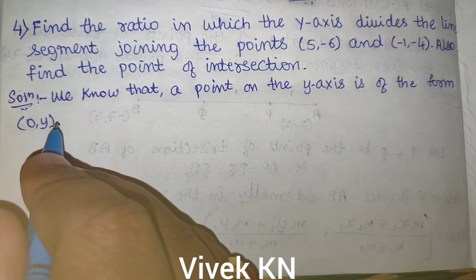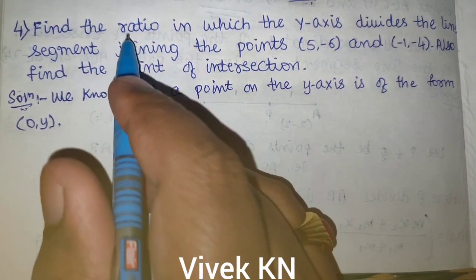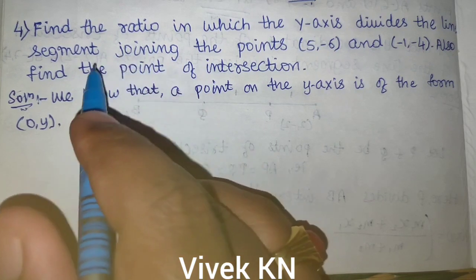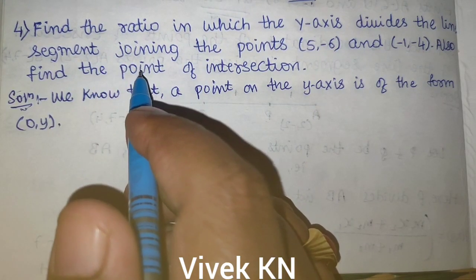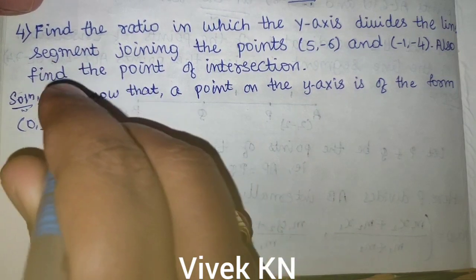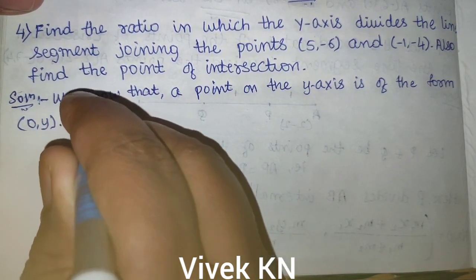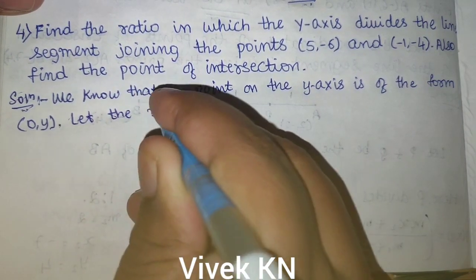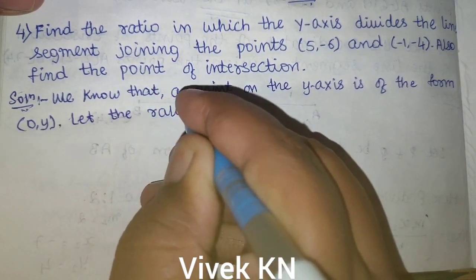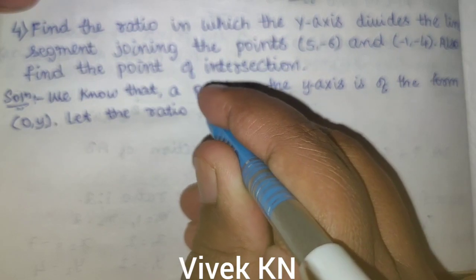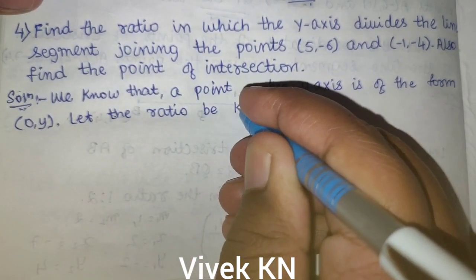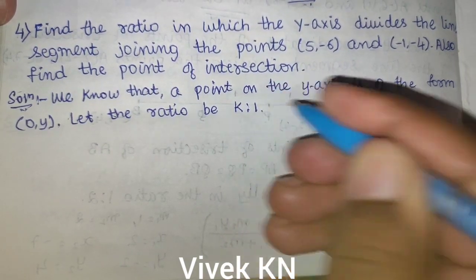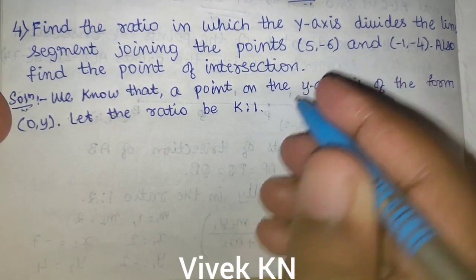For our convenience, we have to take the ratio as k:1 and not as m1:m2. So let the ratio be k:1.